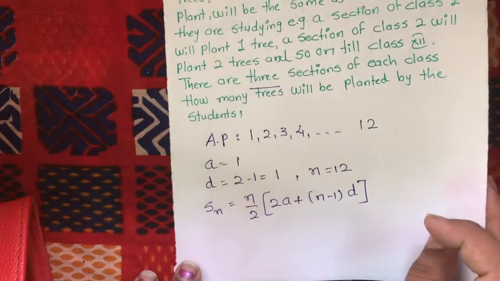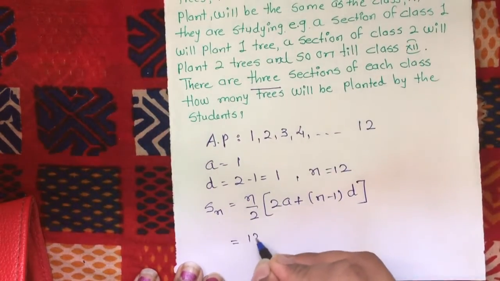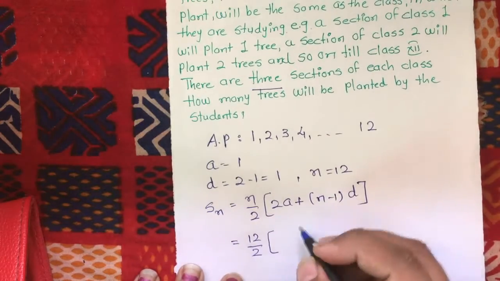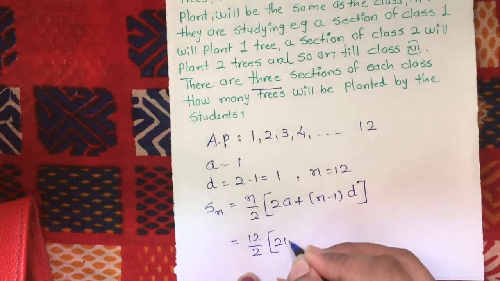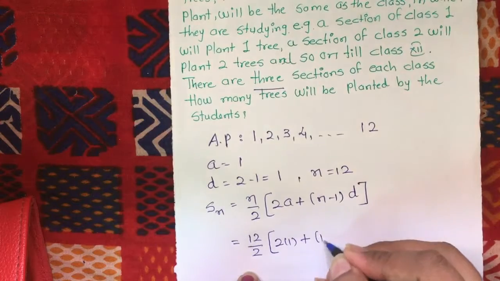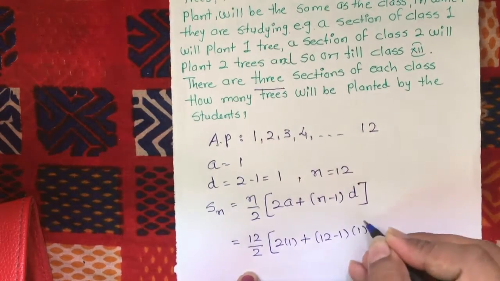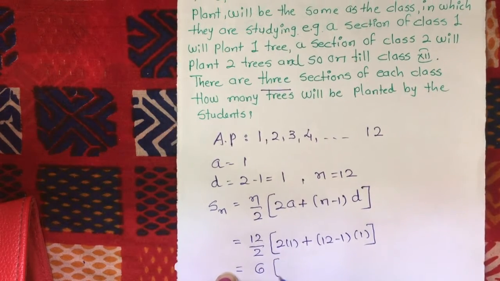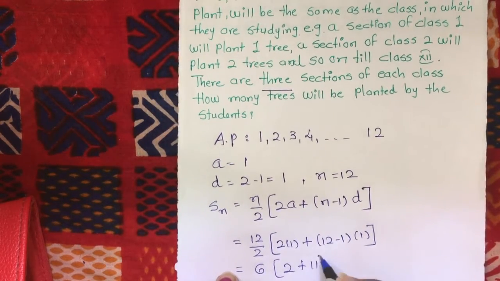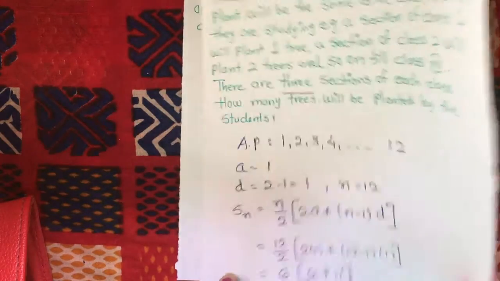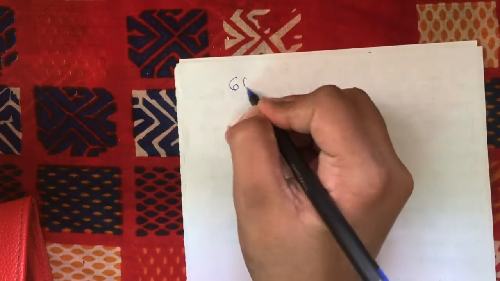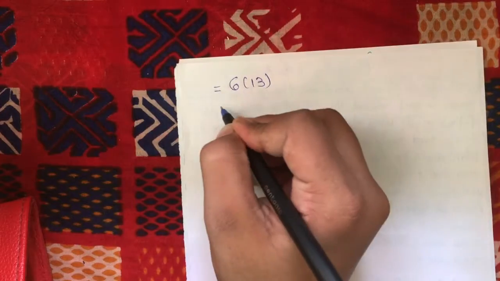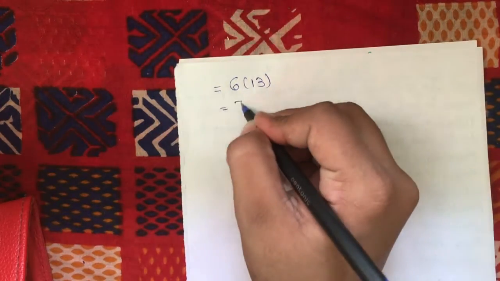So this is 12 divided by 2 into bracket 2 into 1 plus 12 minus 1 into 1. Okay, so this is 6 into 2 plus 11, which gives 6 into 13, and 13 sixes are 78.